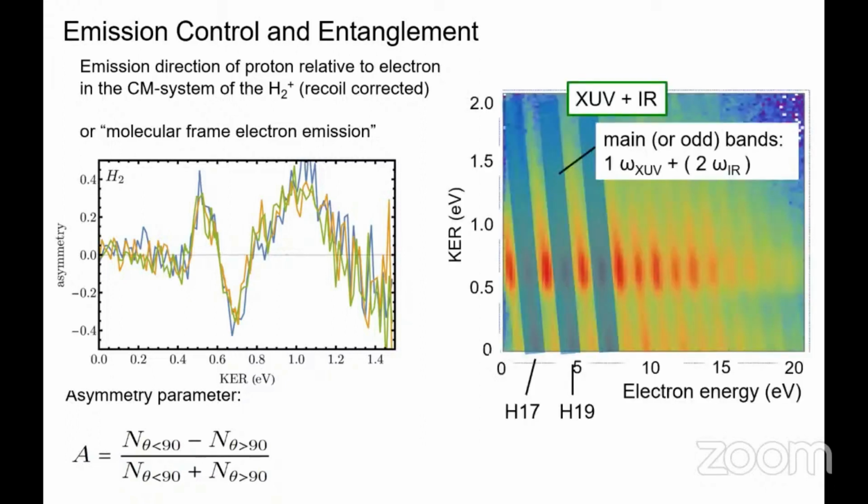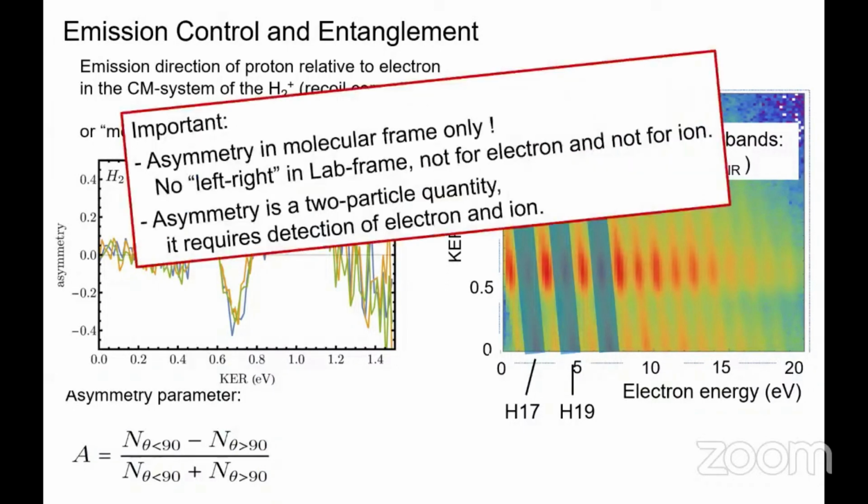We are looking now for these bands here only. I selected only cases where main bands, so to say, where the total number of photons is odd. This we know.